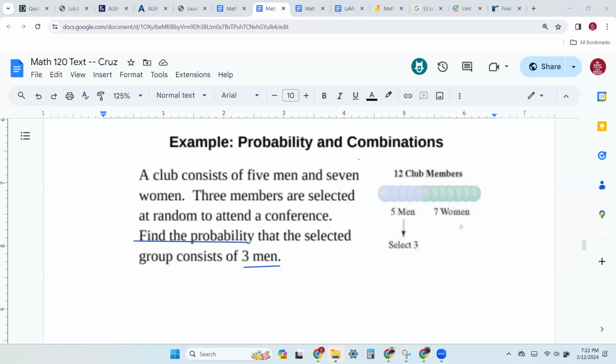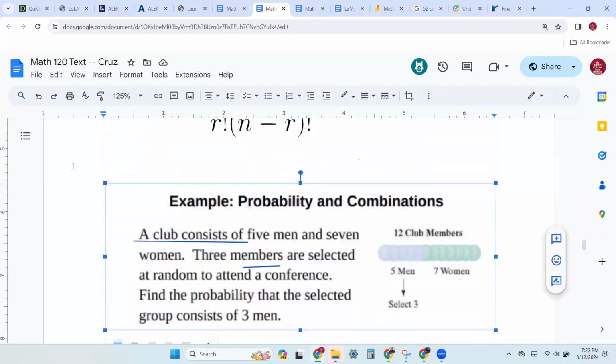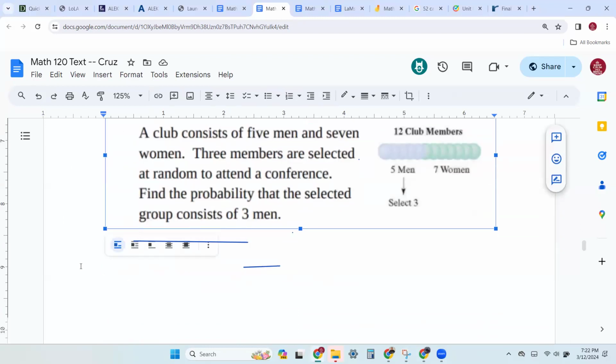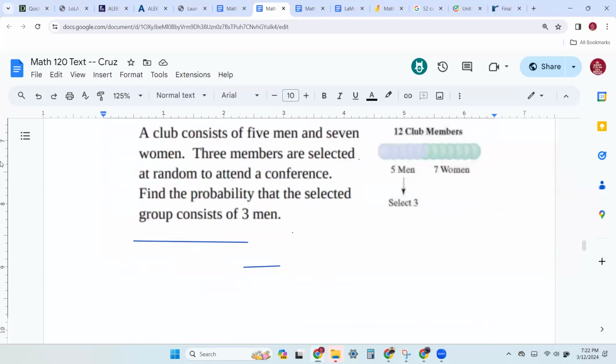Okay, let me write this out a bit. So 3 men, and we want the probability. And remember, probability will never be greater than 1. So that's why the big number's got to be on the denominator.